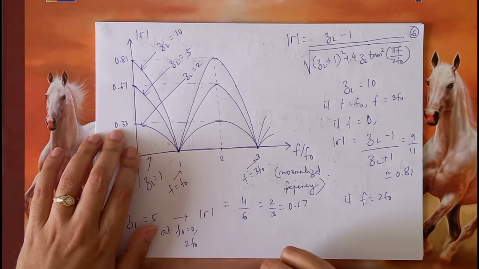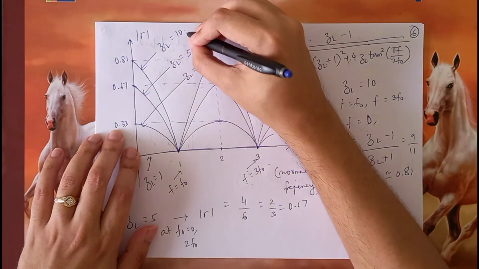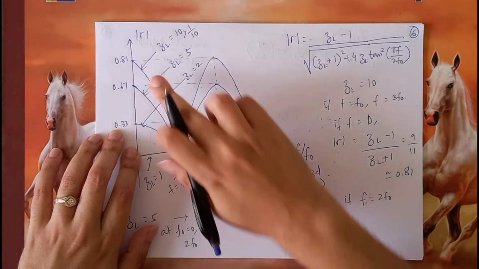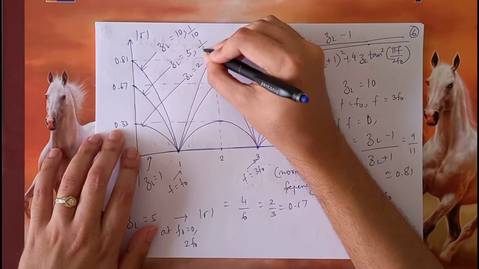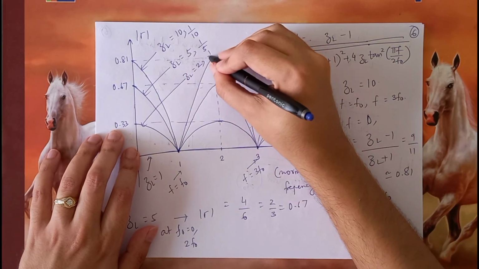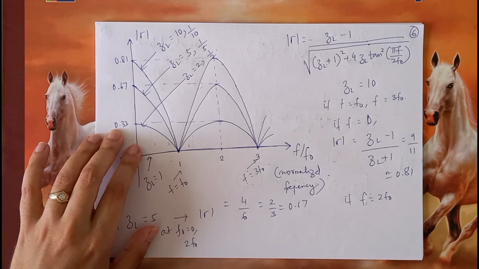You can also prove by yourself that this curve for ZL equal to 10 is also valid for 1 by 10. ZL equal to 5 is also valid for 1 by 5. ZL equal to 2 is also valid for 1 by 2. I leave this to you as an exercise, which is a very simple exercise to prove.